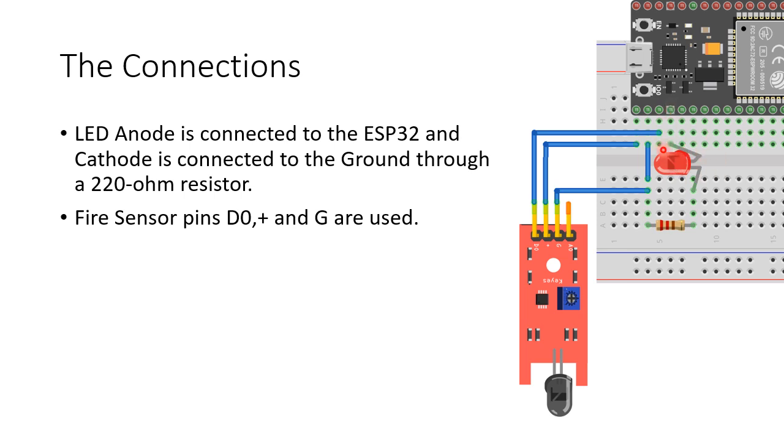You can see the smaller part is connected to the positive terminal. Anode is connected to the ESP32, and the cathode is connected to the ground through a 220 ohm resistor.